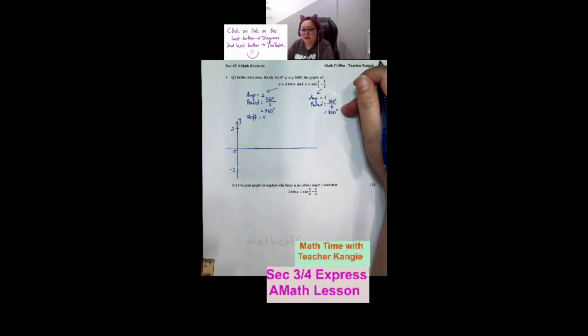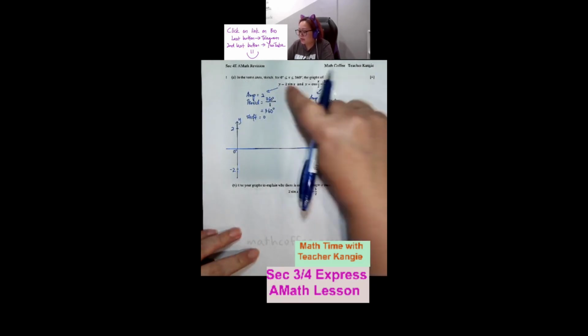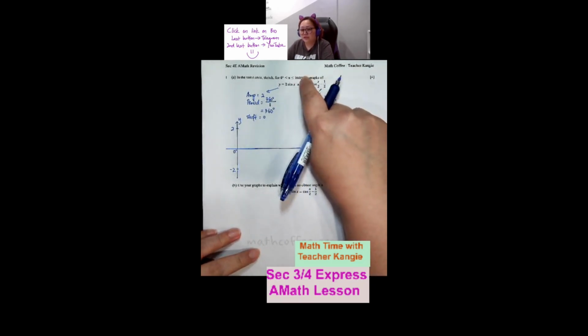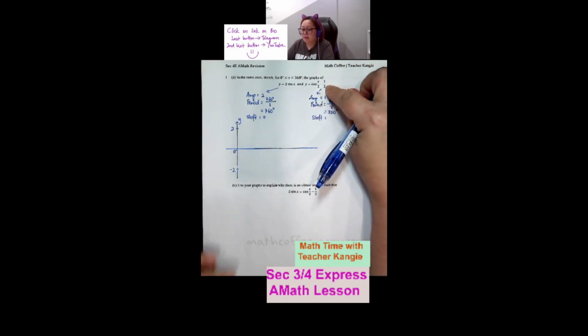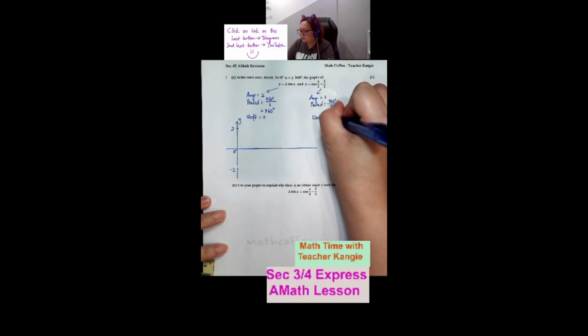So when the period is 720 degrees and they only ask you to draw from 0 to 360, it means you only draw half a cycle. Next, shift. In this case, minus half, so that means your graph is shifted down by half. So my shift is negative 0.5.